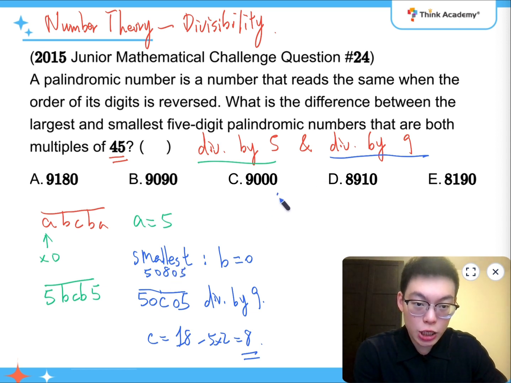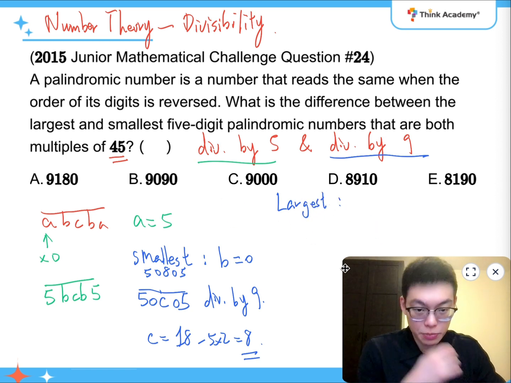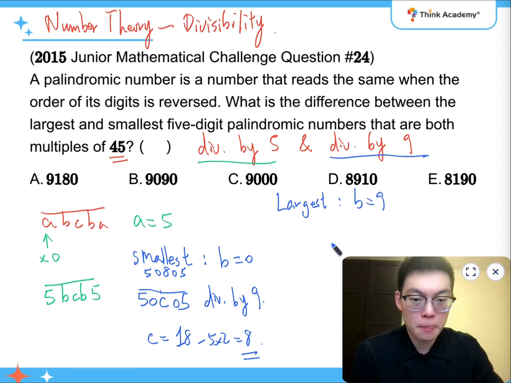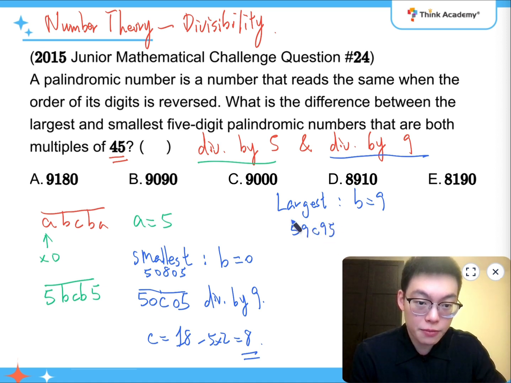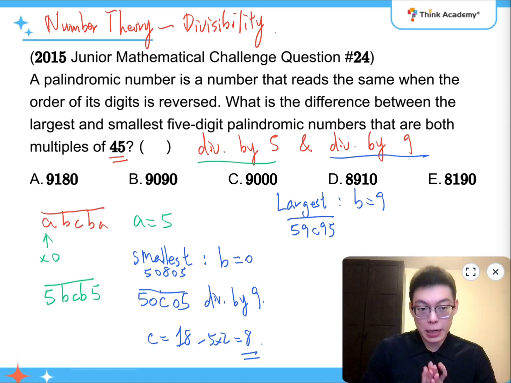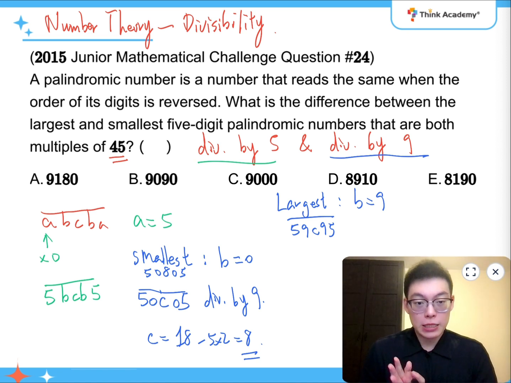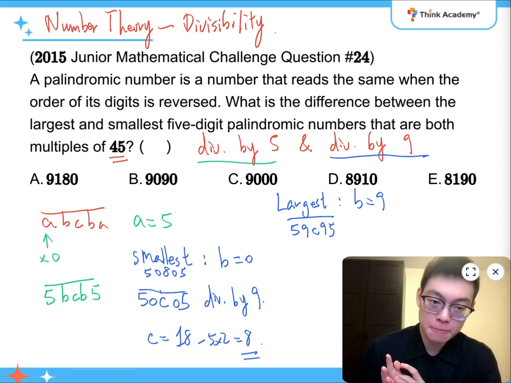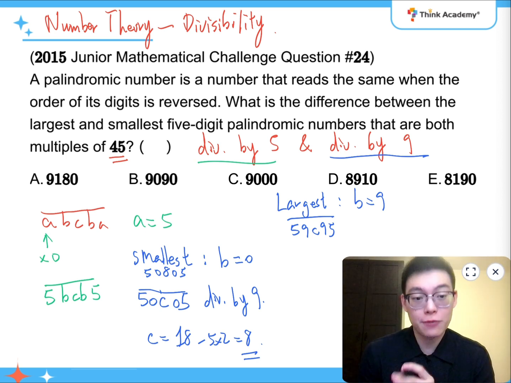And then for the largest, we are just using the same logic. If I want it to be the largest, I want B to be 9. That's the largest digit I can use. So the number becomes 59C95. So now, I want it to be divisible by 9. But 5959 adds up to 28, which is again not divisible by 9.